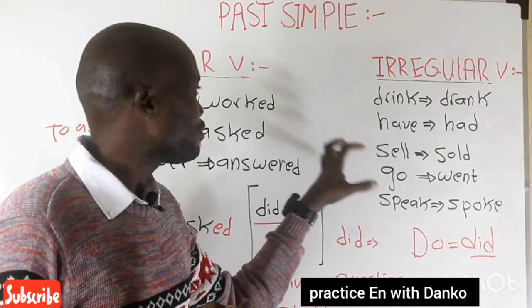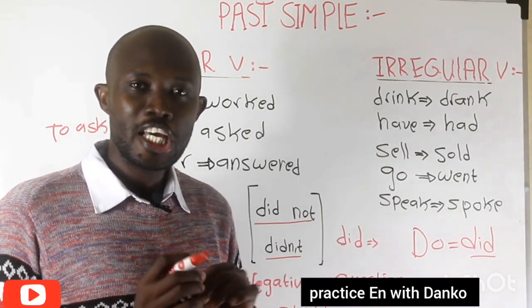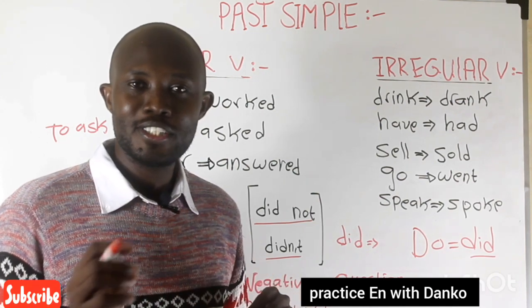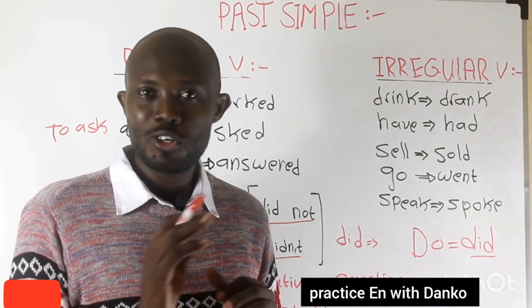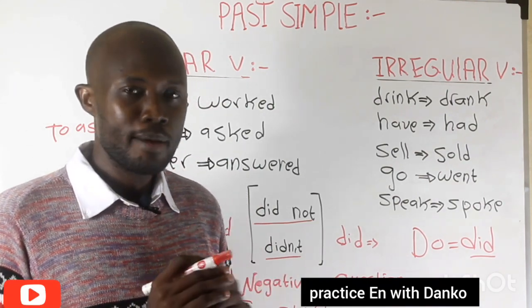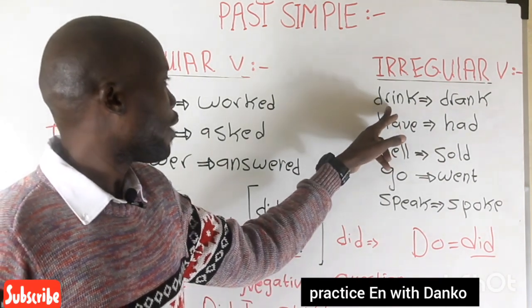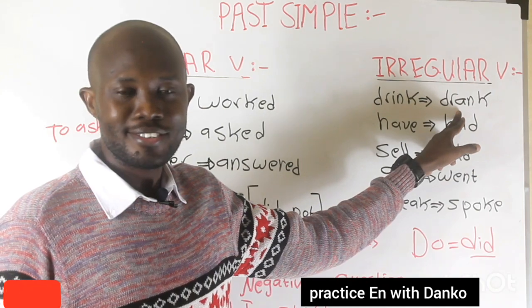When we make the irregular verb, there is a little change in spelling and in pronunciation. But for some of them there is no change, it stays the same. For example, drink, drank in the past.